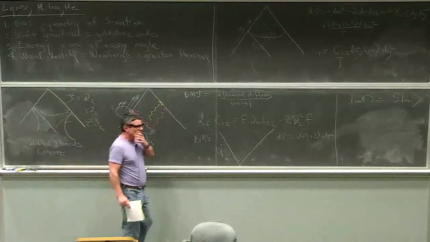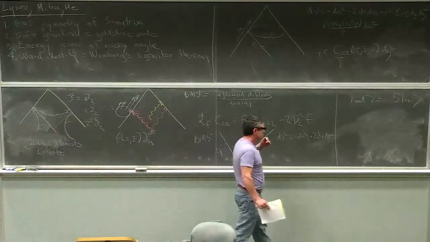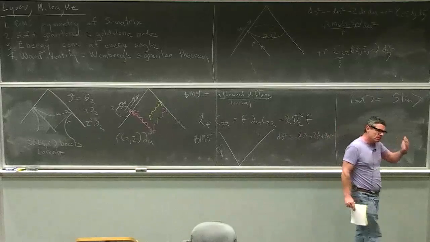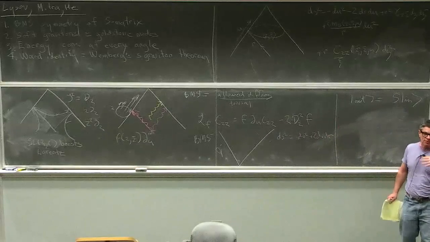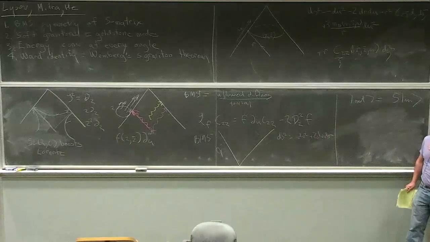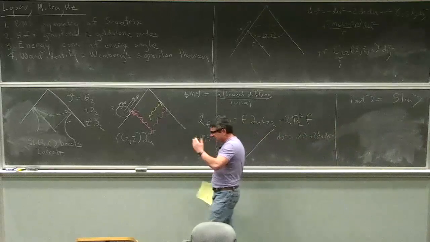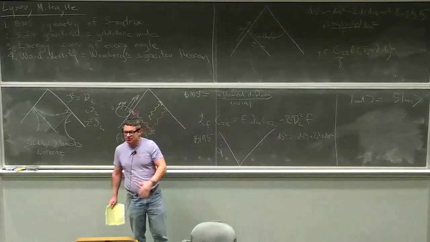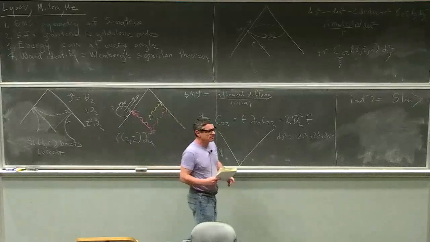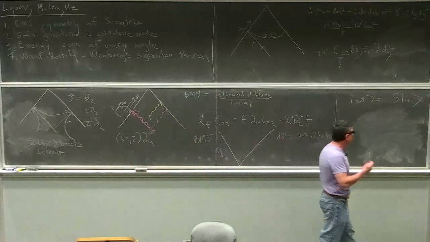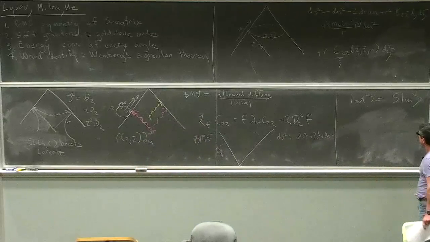So BMS was always thought of as a symmetry which acts on the Hilbert space at scri plus, the Hilbert space at scri minus, or the classical data, more likely, at scri plus or scri minus, and it was characterized as something that preserves the symplectic form up there.